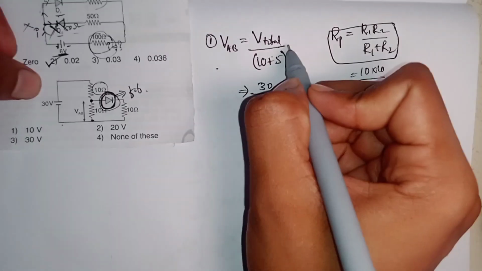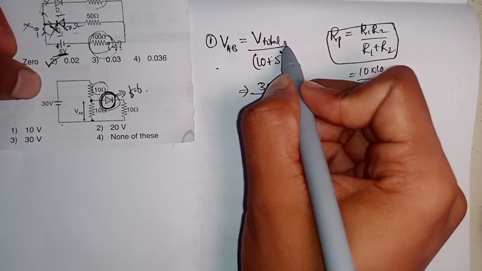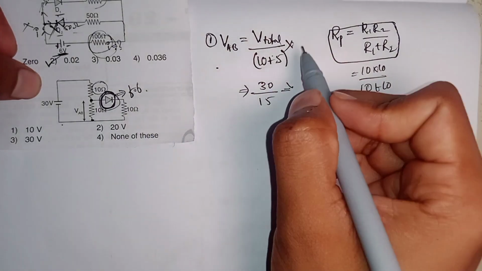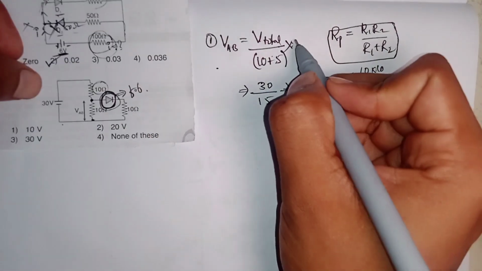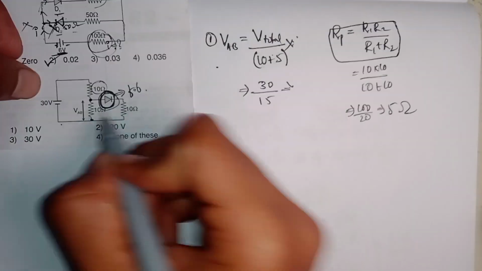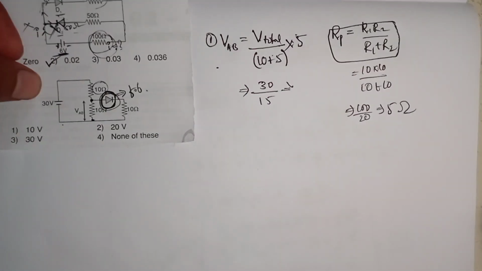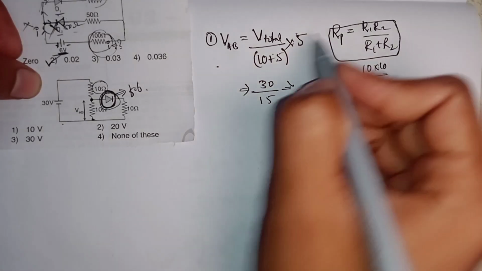The formula for the voltage at AB is V total by total resistance into the resistance of the region we are finding. We have to put 5 here because we got this answer from the previous step.